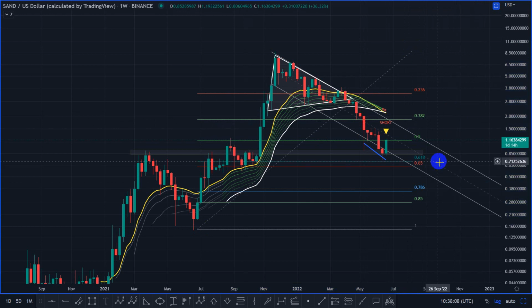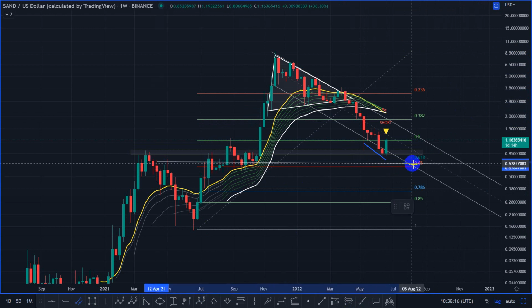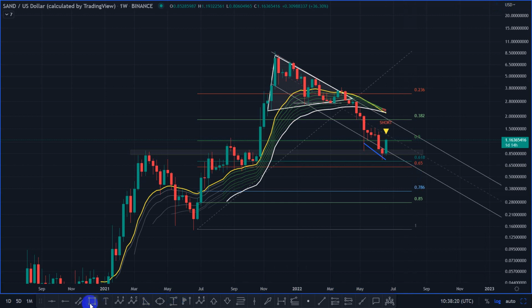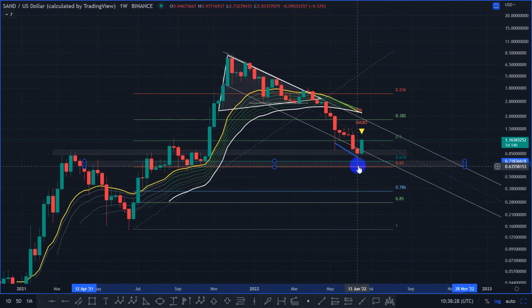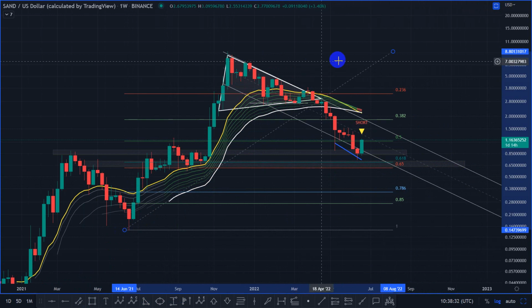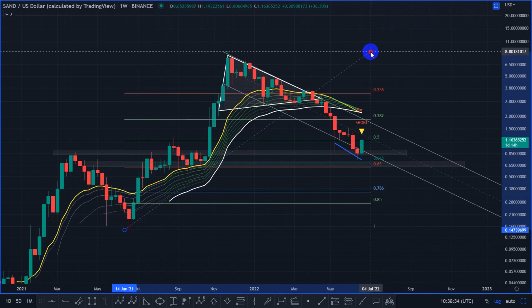And I'm really surprised that we did not touch the golden pocket area, because usually if the price goes close to it, it touches the golden pocket, but the price almost touched it. Well, maybe if we do it a little bit more correctly.